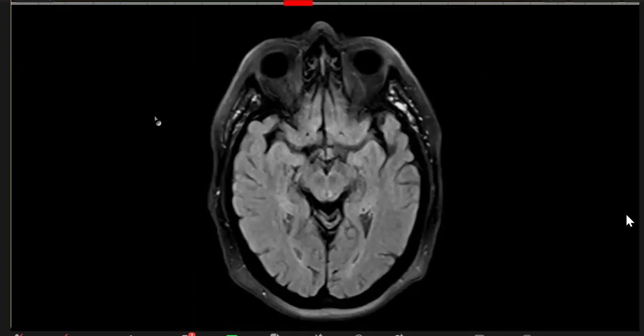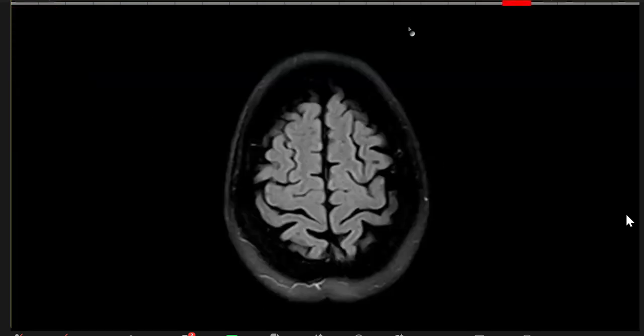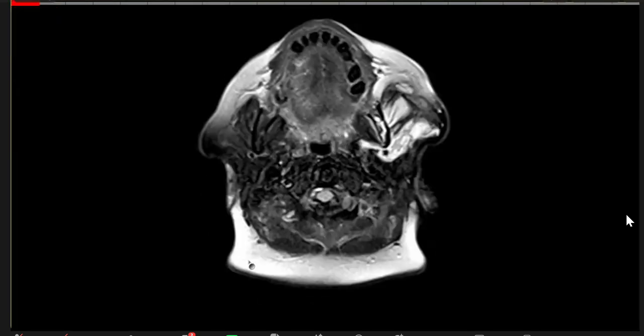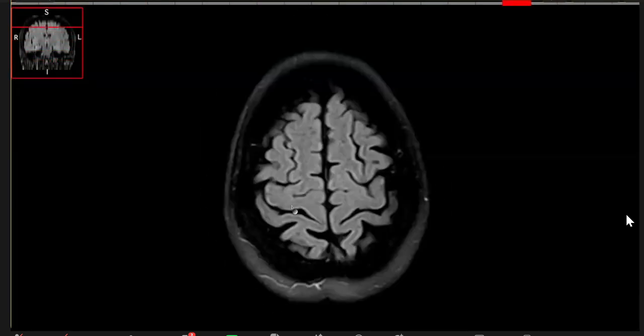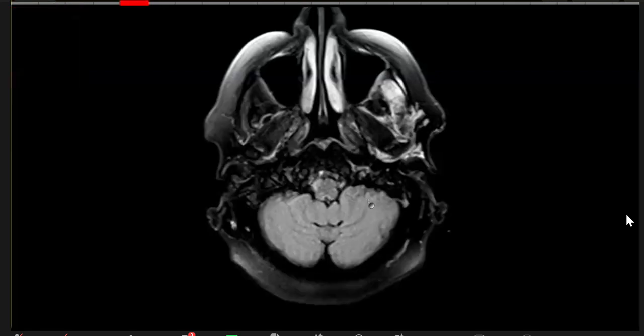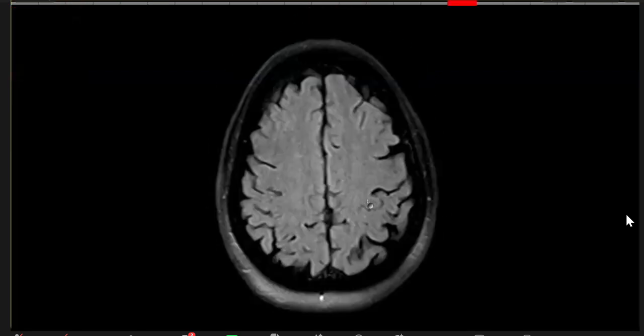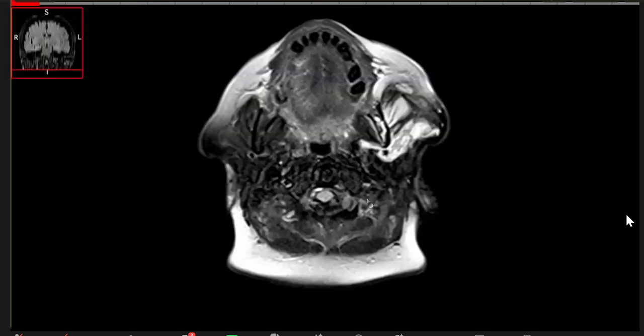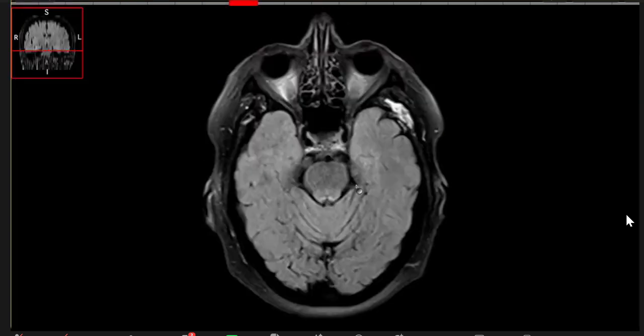Okay, so I'm provided with FLAIR eggshell sequences of the brain. So I'm okay. Yes, now I'm able to. So this patient has presented with tinnitus.